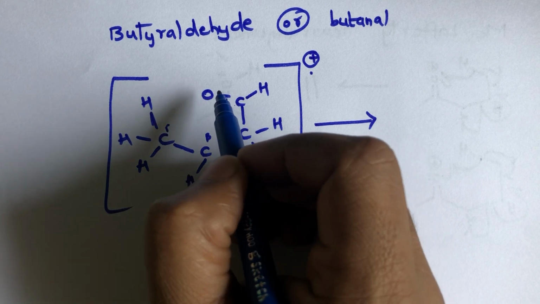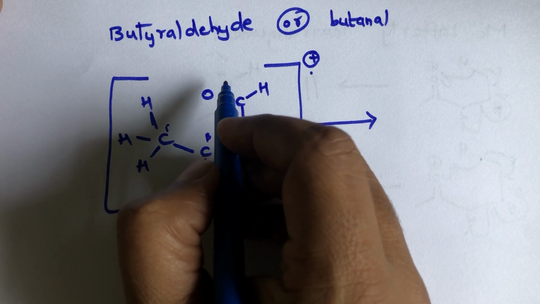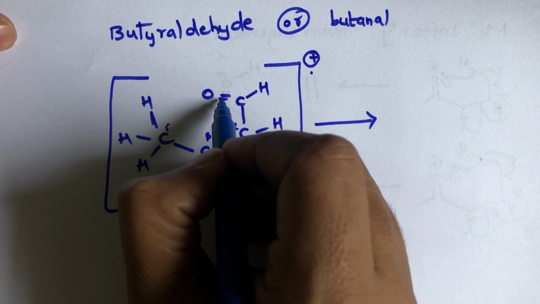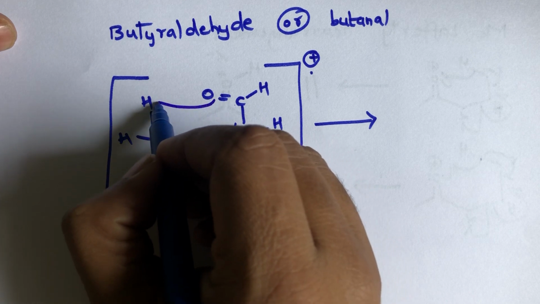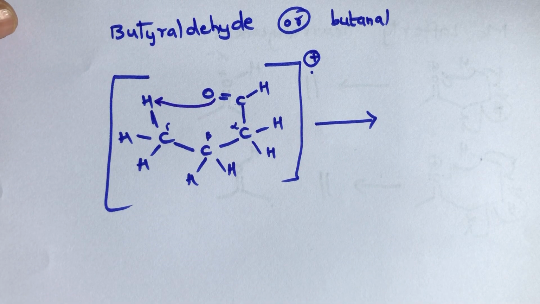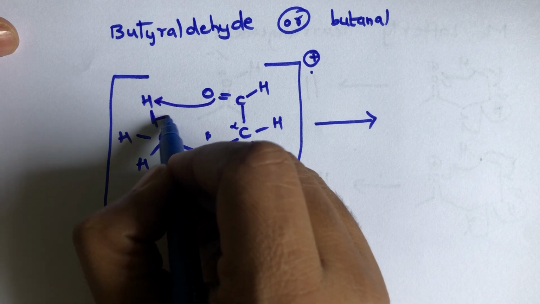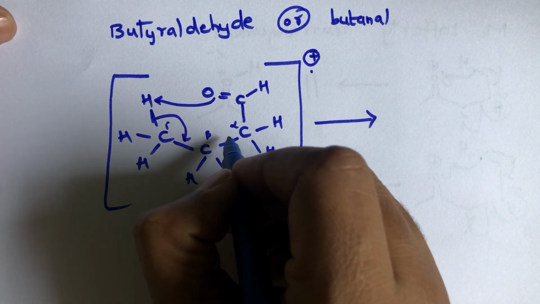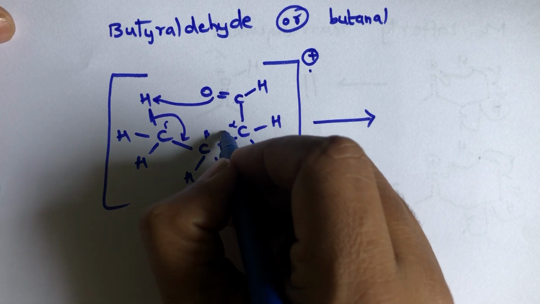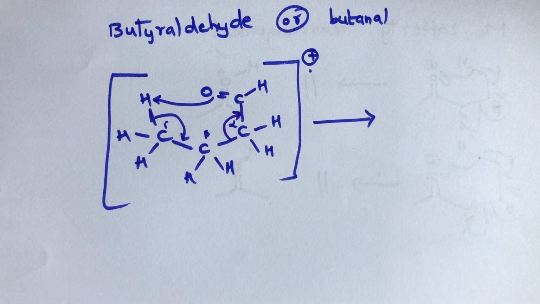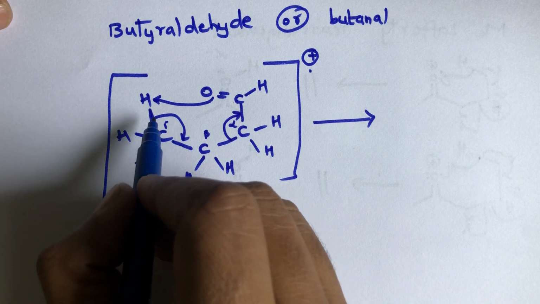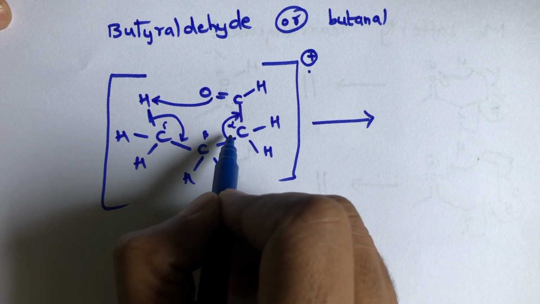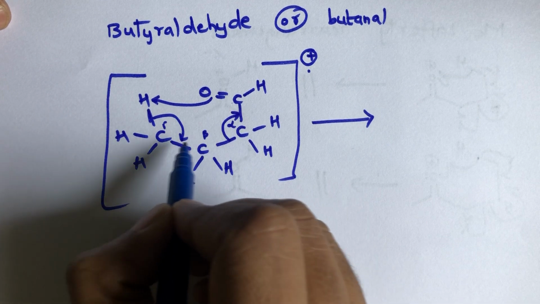This electron, so they form a bond like this. This moves here. This electron moves here. This moves here. So see what happened here. A bond is formed between O and H. Electron moved here, this electron moved here, so this bond breaks.